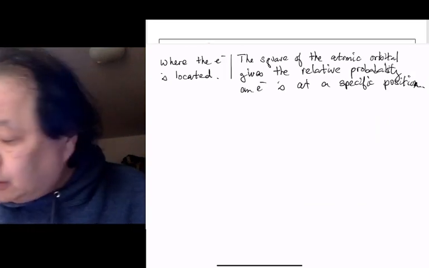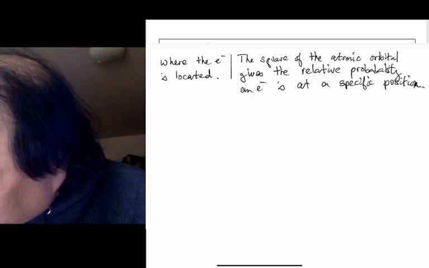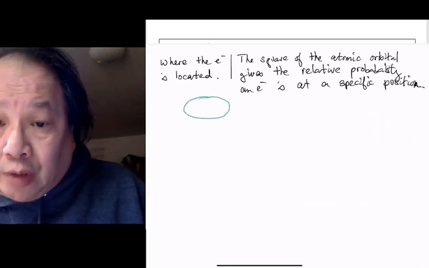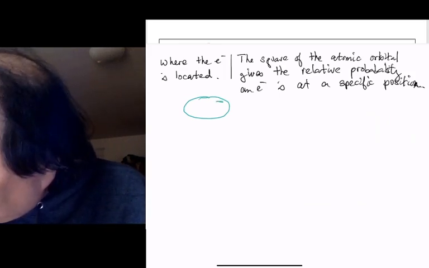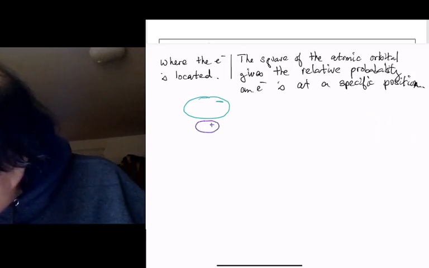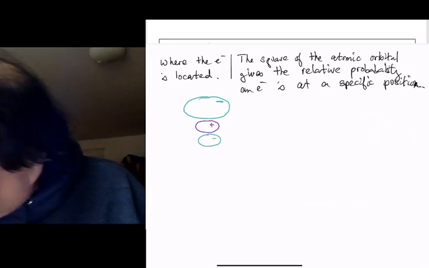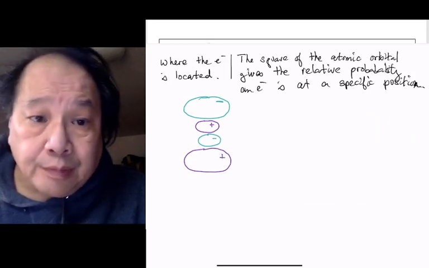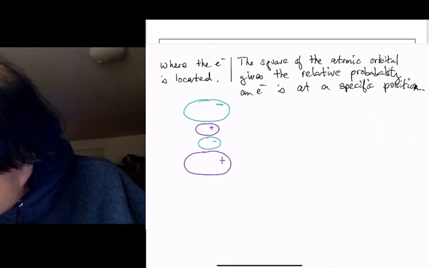I'm going to draw it, and then we'll see it in the PowerPoint. We're going to look at that 3py orbital. There's that big lobe, which again I'm going to make negative. Then there's the small lobe, which is positive. And then negative, and then positive. We're going to compare several different points.